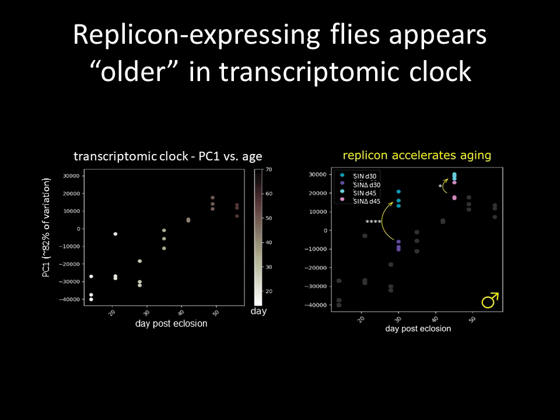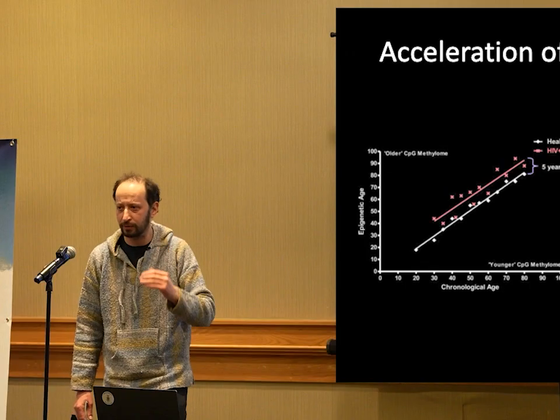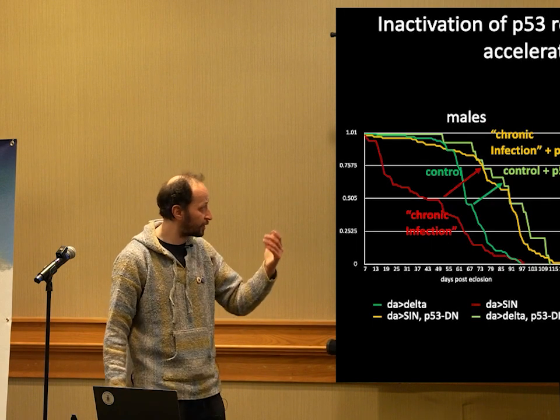And this is not entirely new, because it is known that people who live with HIV, even if they are on therapy, are about 5 years older by their biochemistry, methylation clocks. And also it is a screenable phenotype.